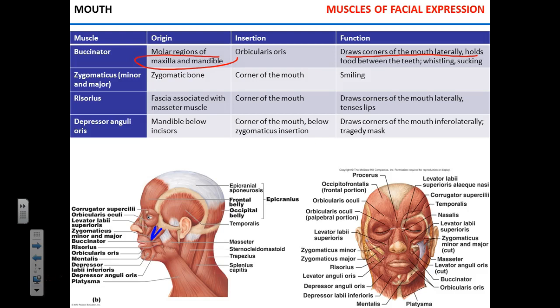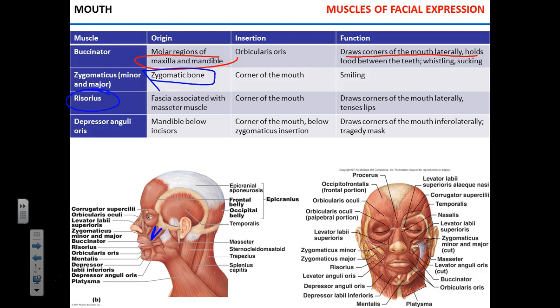So number 10. The insertion is the corner of the mouth, the origin is zygomatic bone. If you pull on that muscle, the corners of the mouth will go laterally and a little bit upward, smiling. Zygomaticus muscle is the smiling muscle.